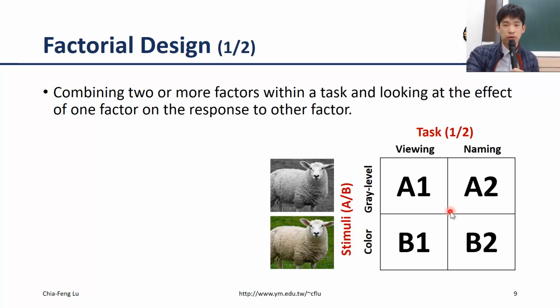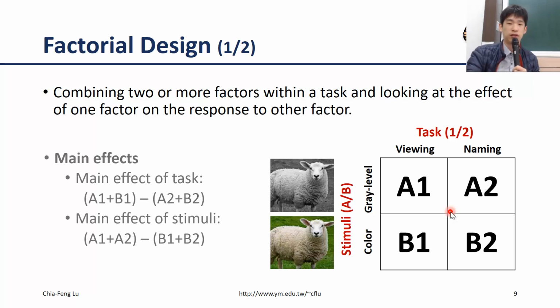With this kind of design, you can ask many different questions or discuss many different effects. The very first one is the main effects. For example, you'd like to investigate the difference between the task conditions.